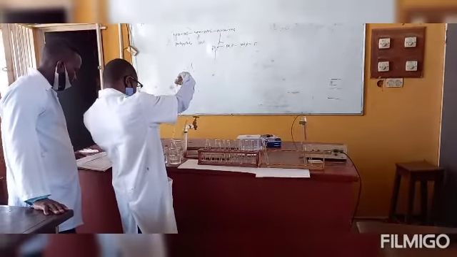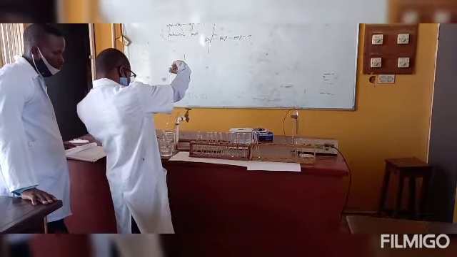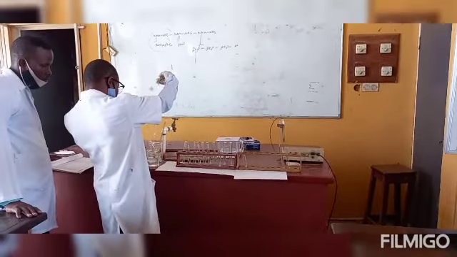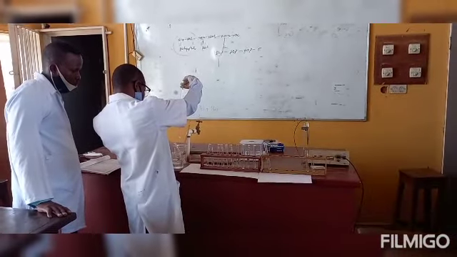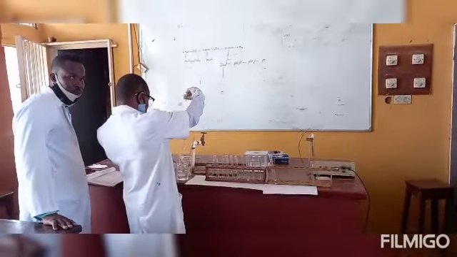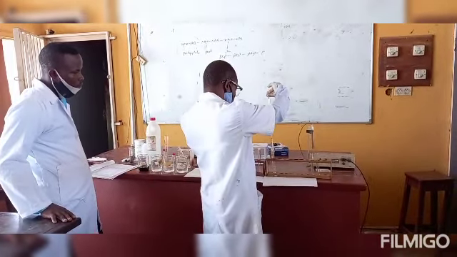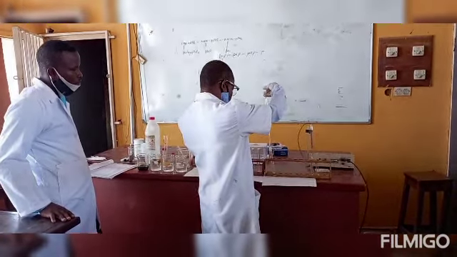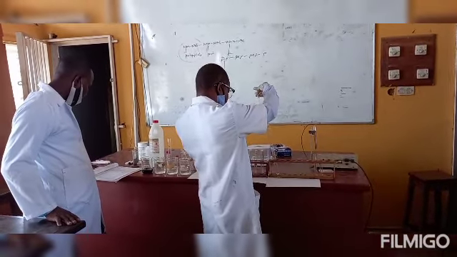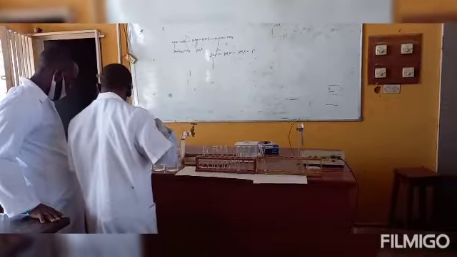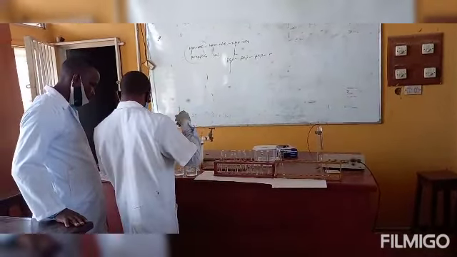In that order, test tube 5 gets 2.64, followed by 2.05, 1.51, 1.07 ml, and 0.73 ml. To test tube 10, you add 0.48 ml of water. And to test tube 11, you add 0.3 ml of distilled water and mix properly. As you can see, the preparation is ongoing.